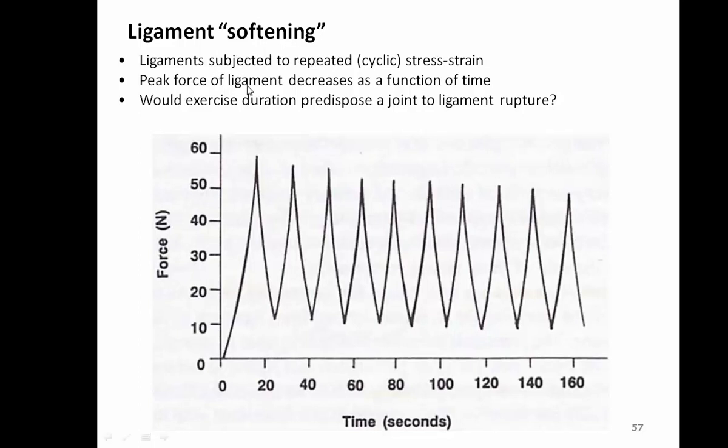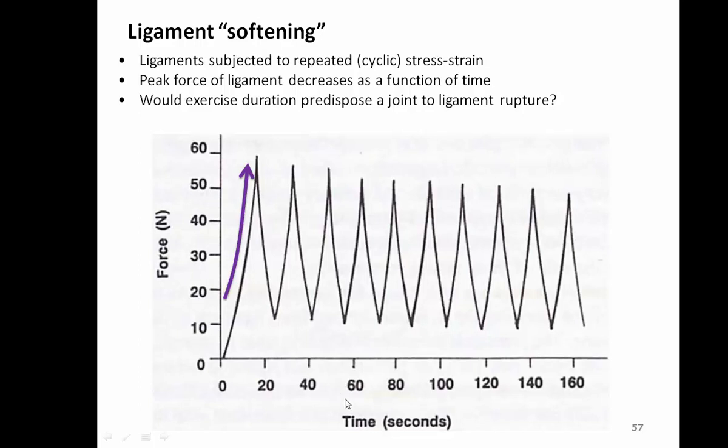And so the peak force of a ligament, that resistance force to the stretching agent, will decrease as a function of time. And so this poses the question if exercising for a long time might predispose a joint to ligament rupture, because the ligaments would essentially soften over repeated cycles of joint movement.